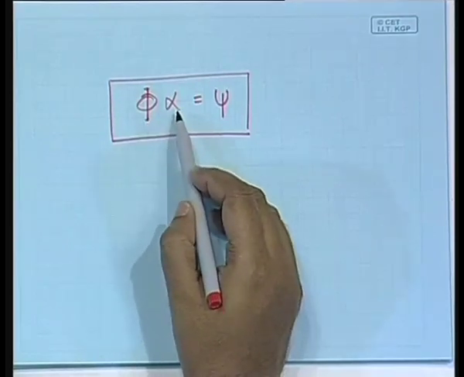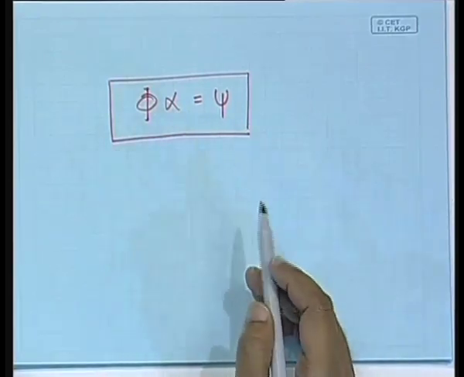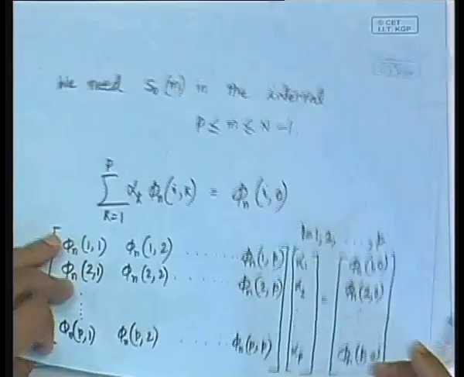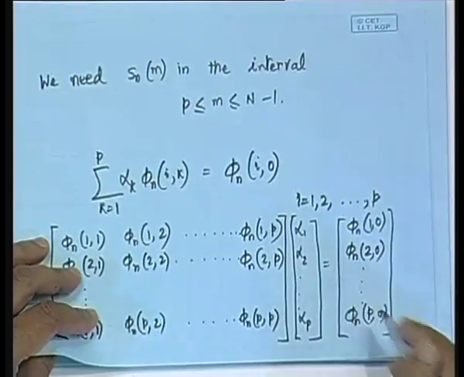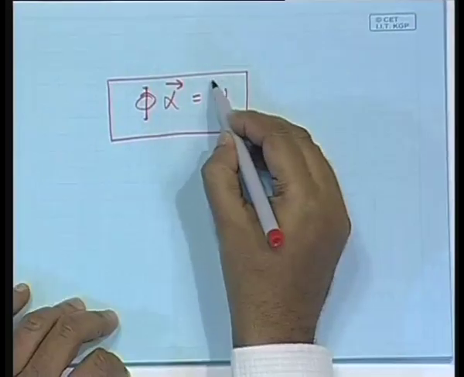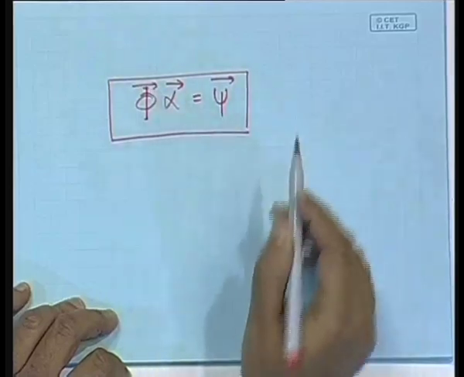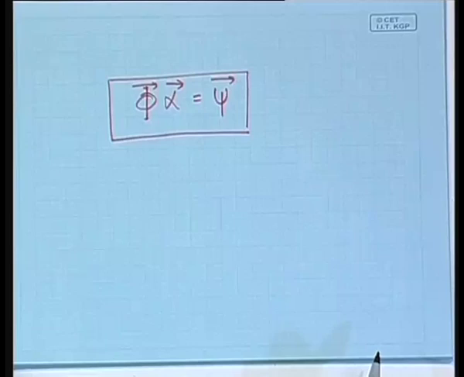This red alpha is nothing but the alpha as the column vector, so I should better write this as alpha vector, and this one is another column vector, psi, with entries phi n 0 0. So, this is a vector, this is a vector, and this is a matrix, not a vector exactly. Phi alpha is equal to psi. This is the basic matrix equation which we have to solve.